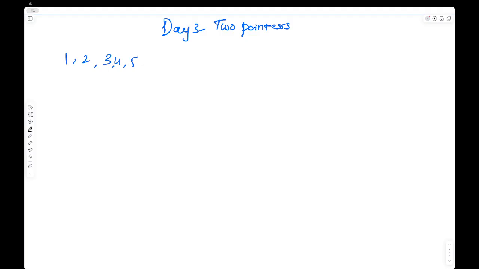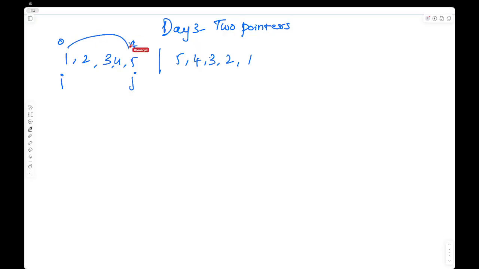So this is the array. What we do is start one pointer from the starting, which is 0, and one from the n minus 1 position, which is 4.